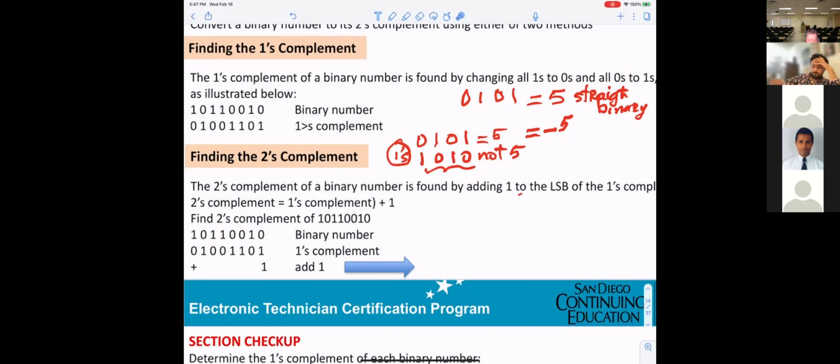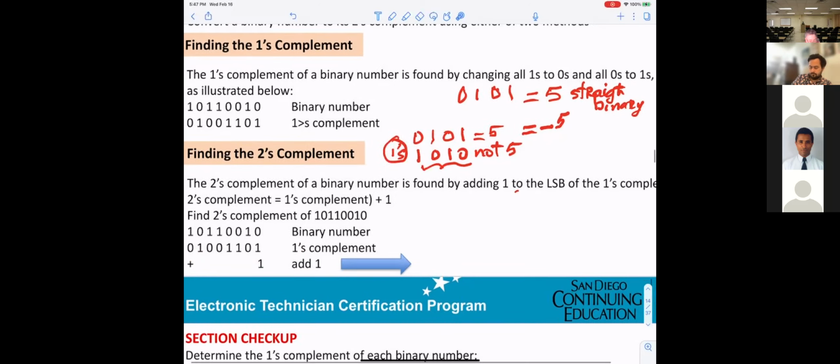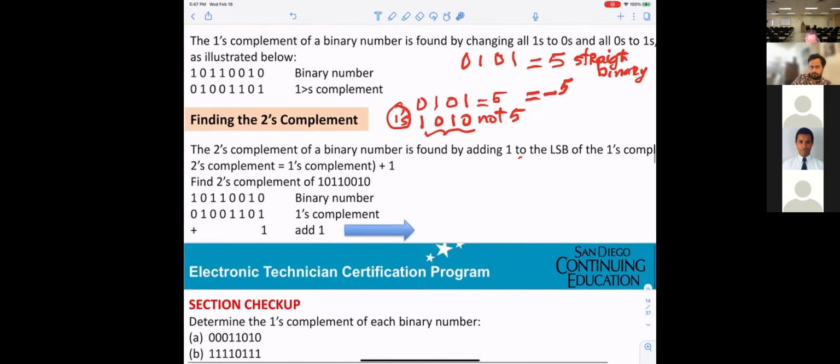And now you have to find the first complement first, that you have to convert 0 to 1, 1 to 0. Then you add 1. That means you get the second complement. Okay, so you can add and tell me what you get. I want the answer in here.